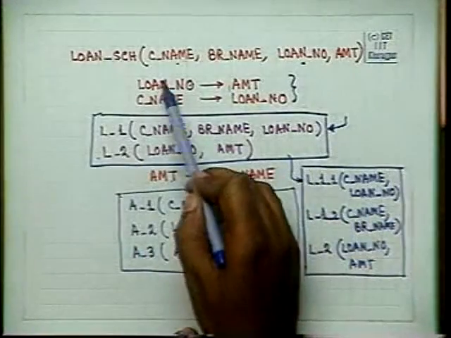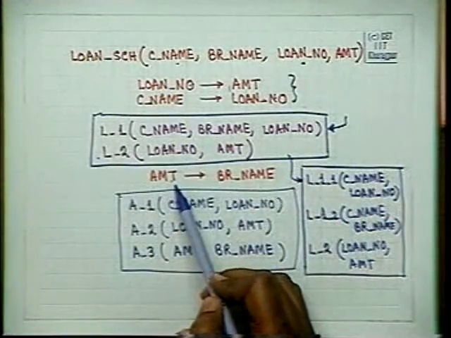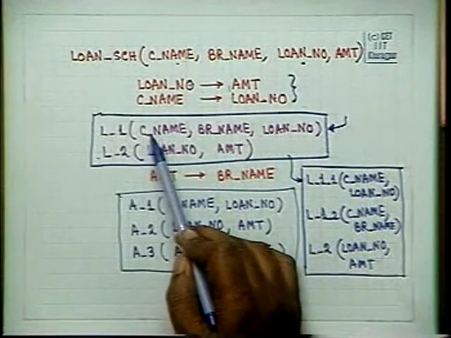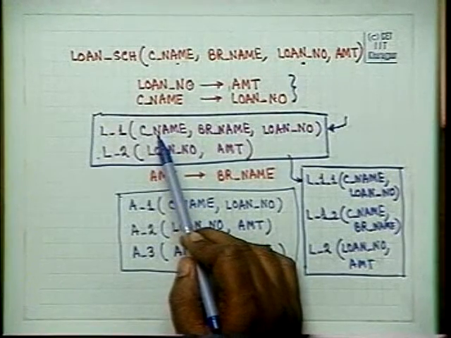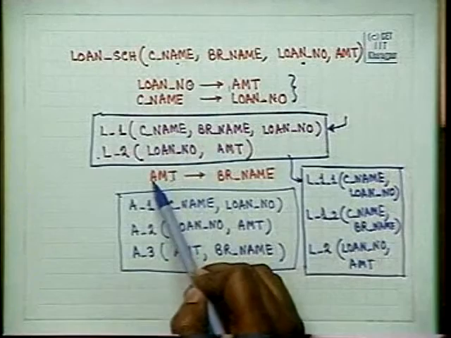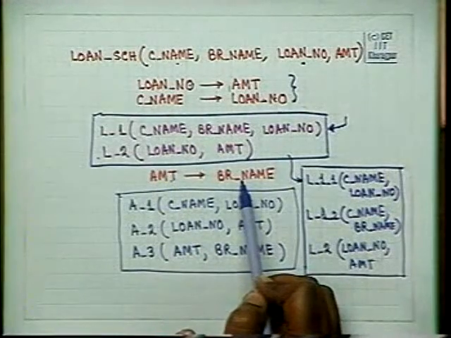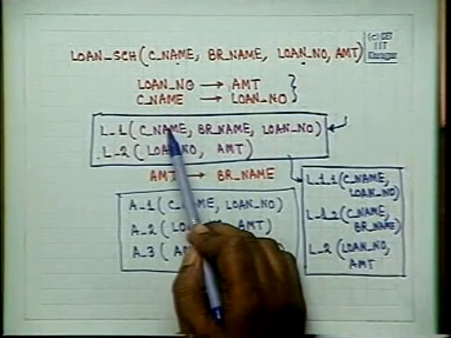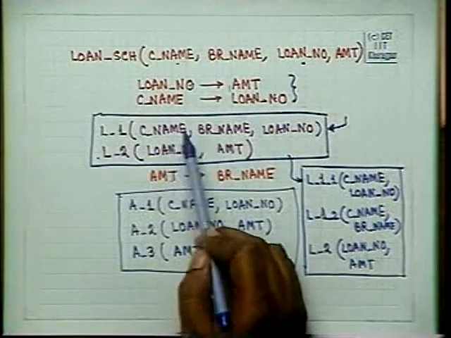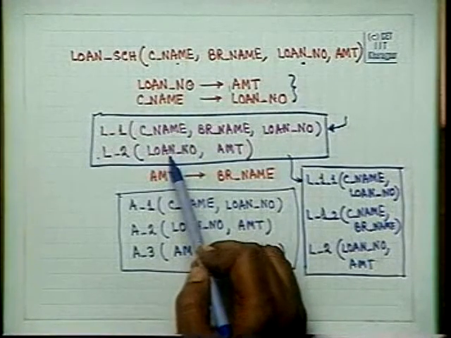In the example which we took, particularly in this one, if we decompose like this based on these 3 functional dependencies, then this is not a dependency preserving one, because branch name is not valid in any one of them.